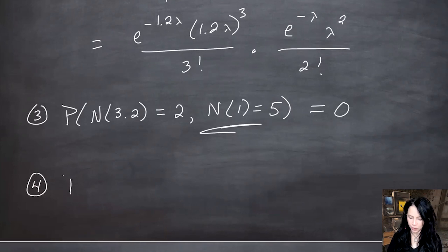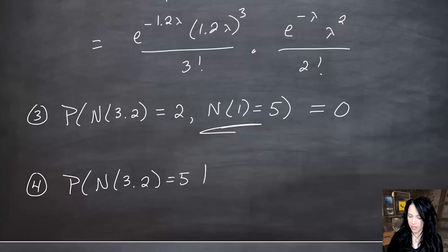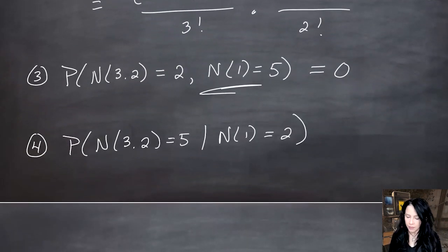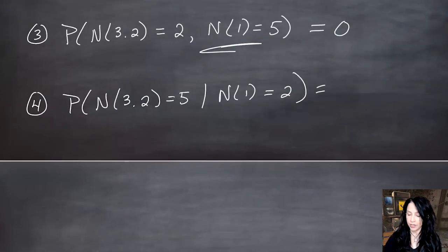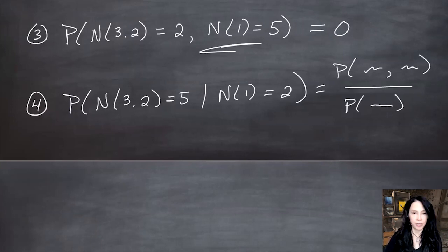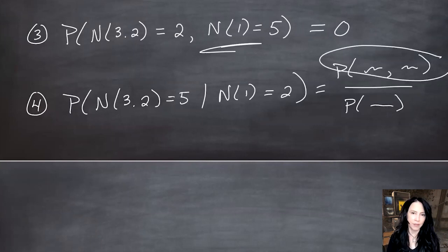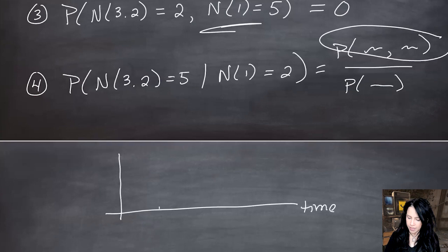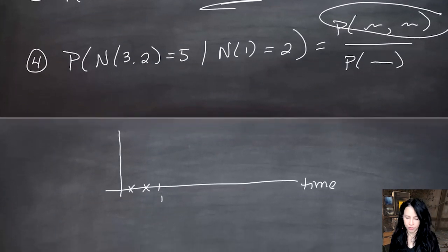And one more. Let's do a conditional probability that N of 3.2 is 5, given that N of 1 is 2. One way to do this is just to go by the definition. This is the probability of one of those and the other one over the probability of the one after the given line. And we did this one in step 2. So if you just go strictly by the definition, you'll get there. But I would just think about what's happening here. So here's time. By time 1, we've had 2 arrivals and only 2 arrivals.